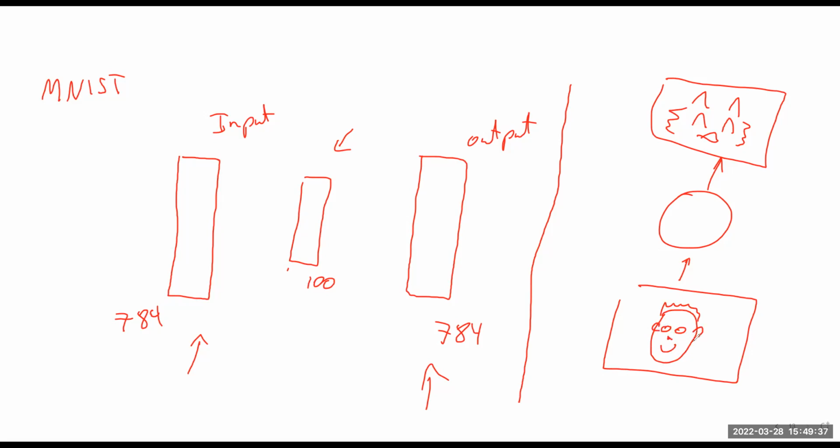What do you think would happen if you run this image through this model? What do you think the output would be intuitively? Just tell me what you guys think. What do you guys think? That it doesn't match.